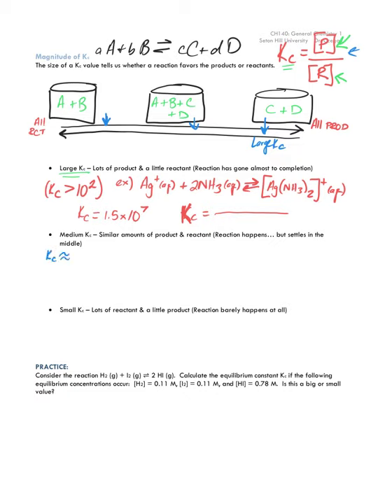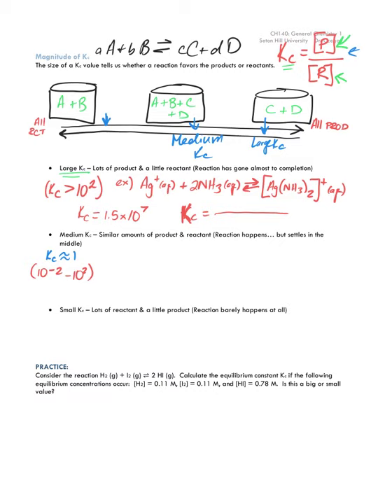So this is sort of 1. This is going to be our medium Kc value. We get a mixture of both. The range that we're going to go with here is somewhere between 10 to the -2nd and 10 to the 2nd, sort of our medium Kc range.